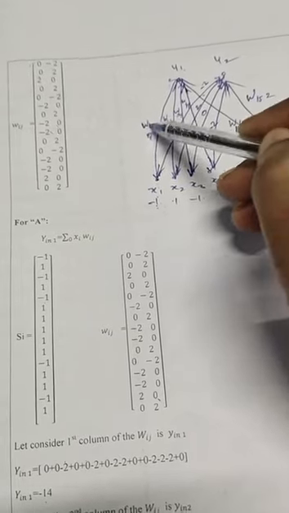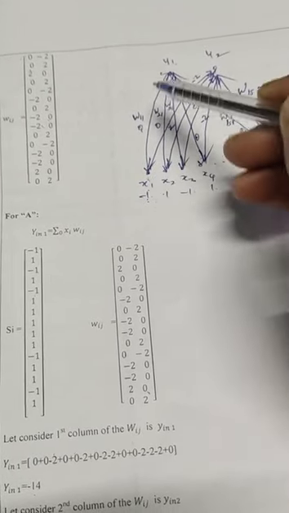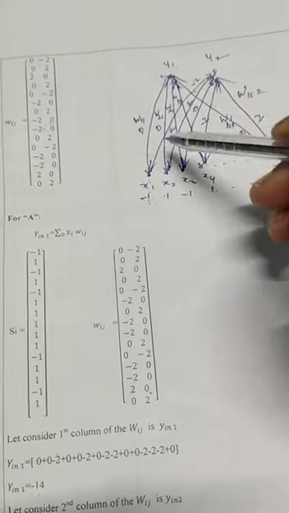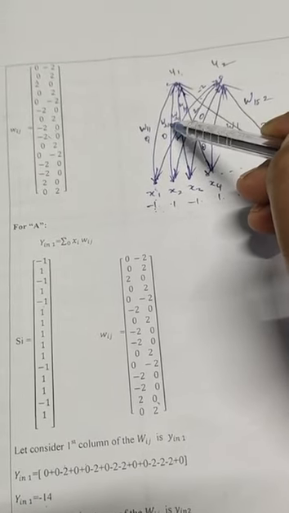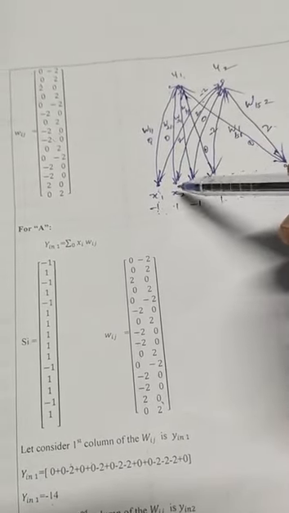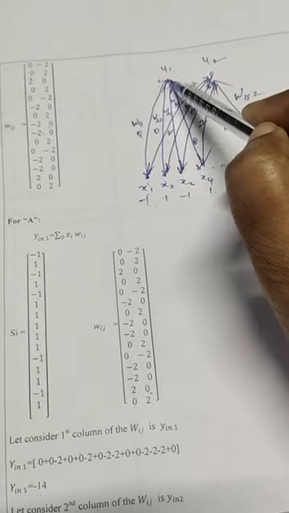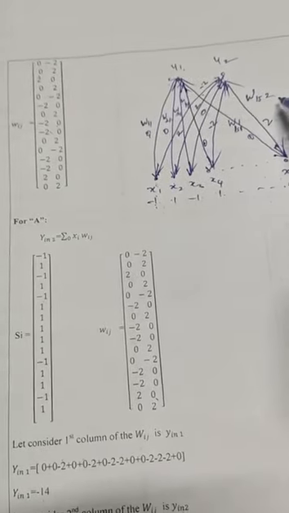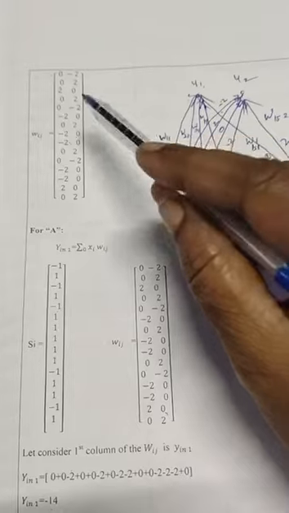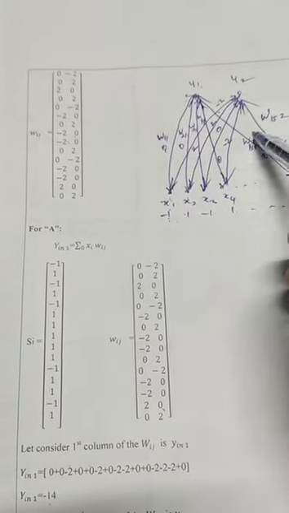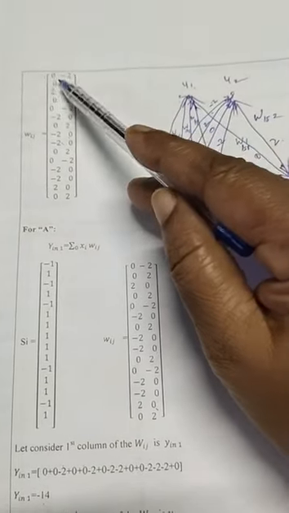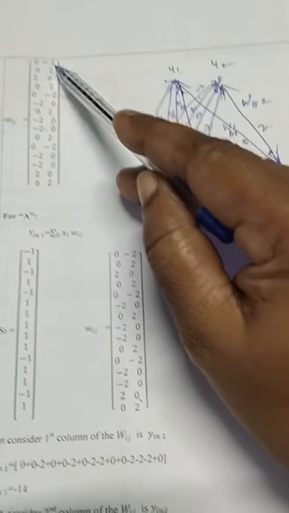This is W11, which connects the first input neuron to the first output neuron. This is W21, which connects the second input neuron with the first output neuron. Like that we have to name them first. Then these values you can write here. So you see, this is W11, this is W12.